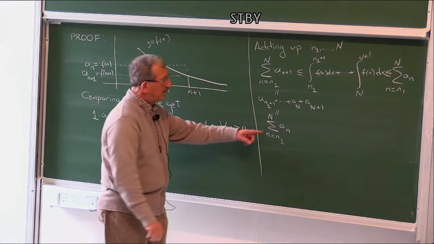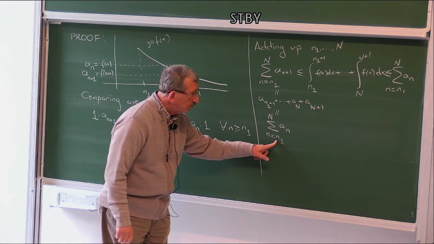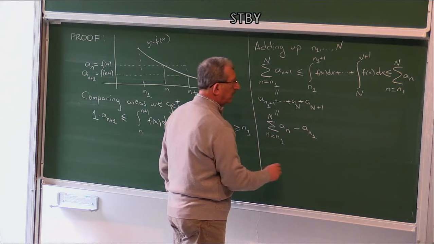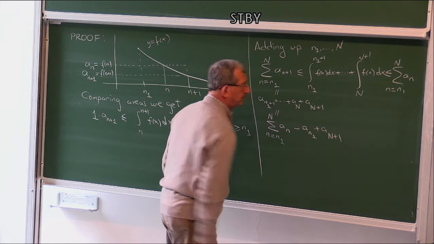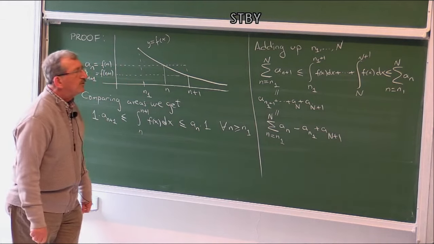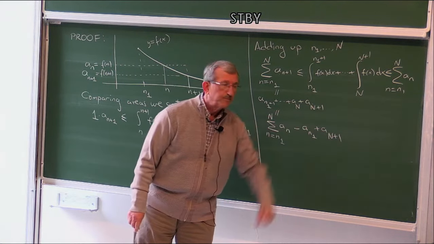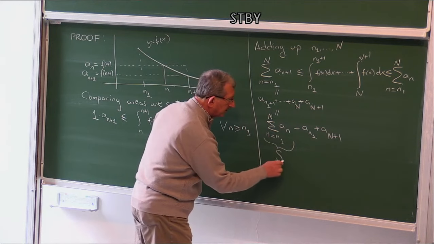Well, this means we are adding an extra term, the n1 term, so we subtract a n1, but then we have to add a N plus 1. Now, the reason for this is to make this sum look like the other one. Call this Sn.